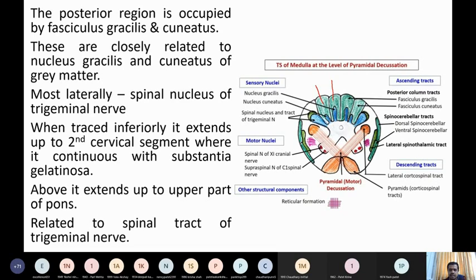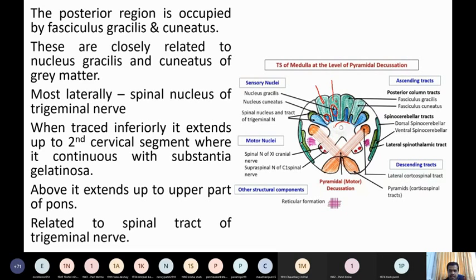Now these two are related to the nucleus gracilis and nucleus cuneatus of gray matter. So the nucleus gracilis and nucleus cuneatus are connected to the central gray matter.